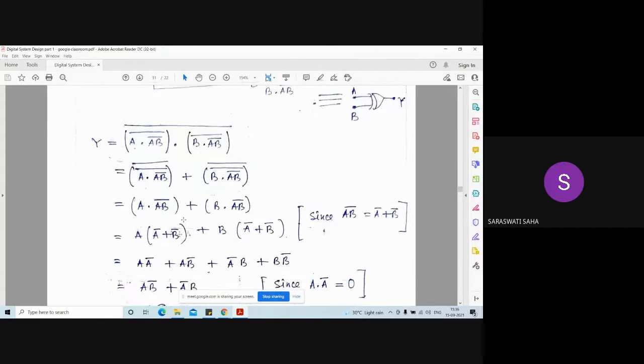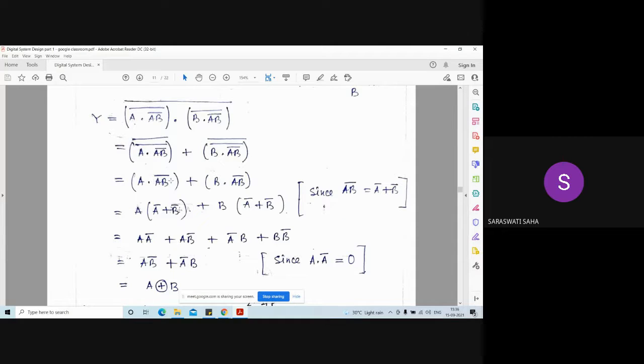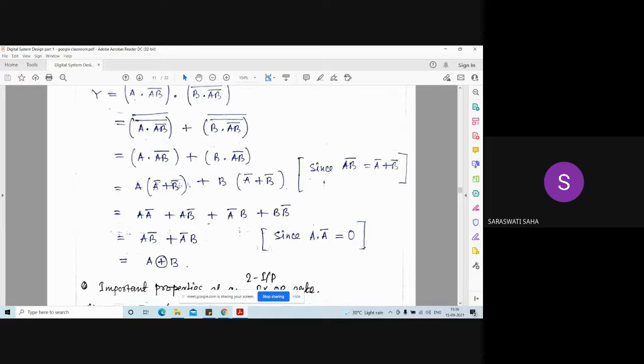So in this way, if you try, then you can reduce. See, here again is a NAND operation. So use De Morgan's theorem. NAND is equivalent to bubbled OR. Here also NAND is equivalent to bubbled OR. Then you will get A' + AB'. Here A'B + BB'.